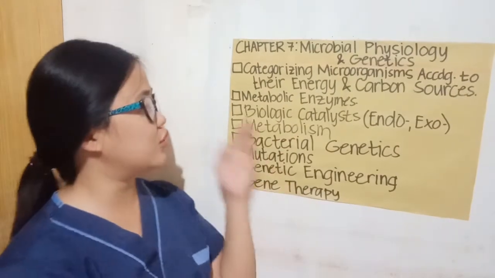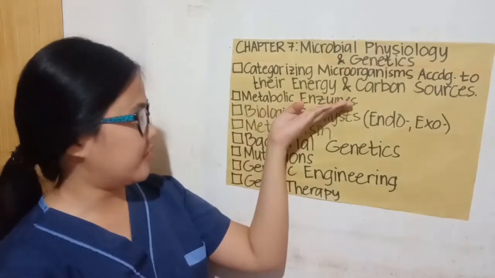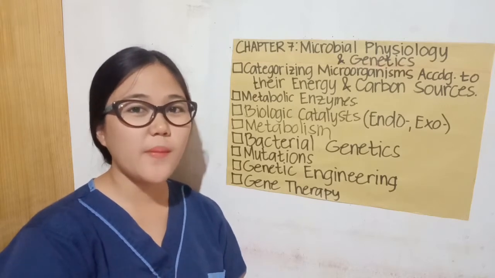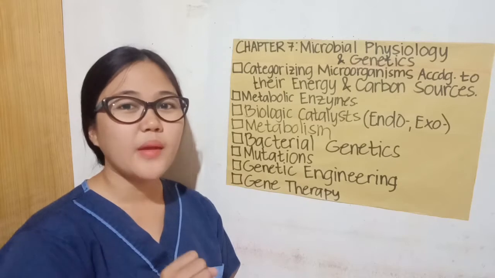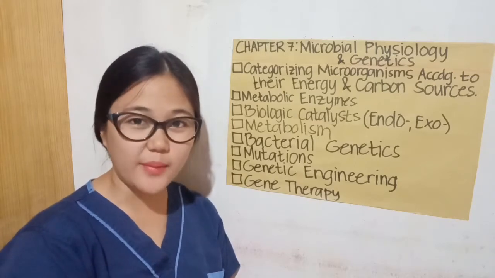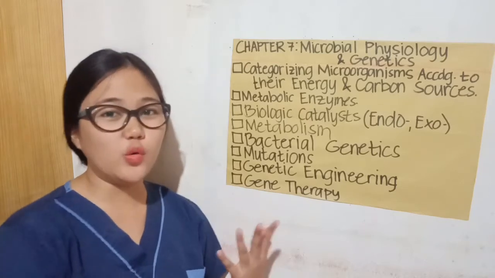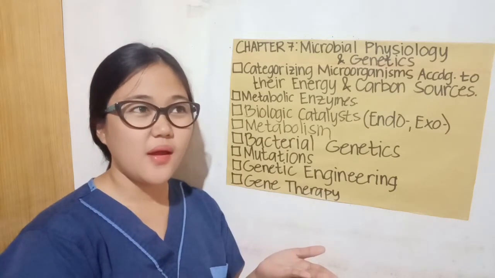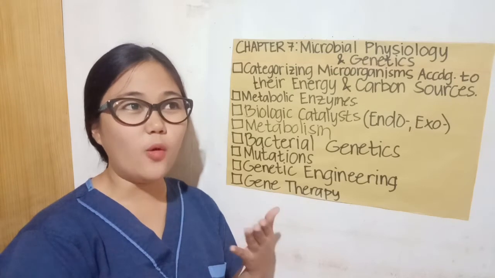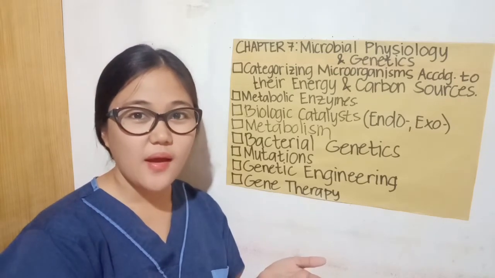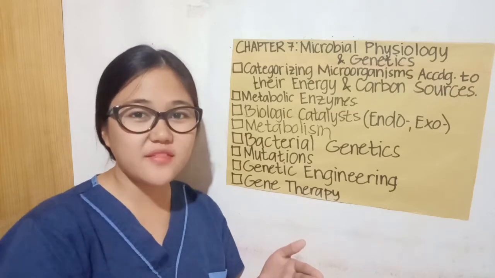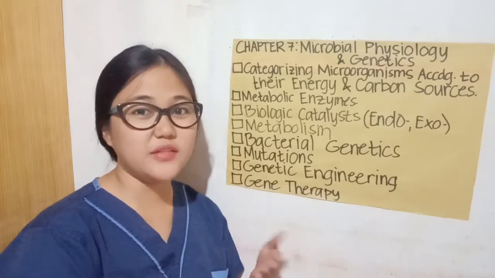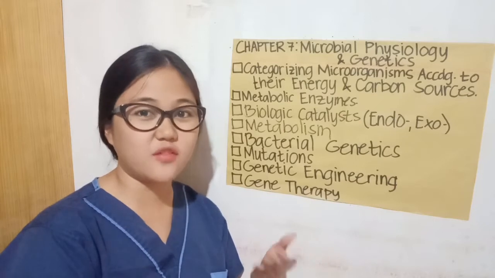Let's move on to metabolic enzymes. That's how we relate the apoenzymes, coenzymes, and holoenzymes. An apoenzyme can function as a holoenzyme when it is linked up with a cofactor, which is a non-protein cofactor called a coenzyme.